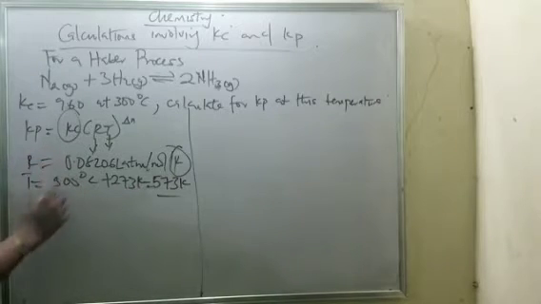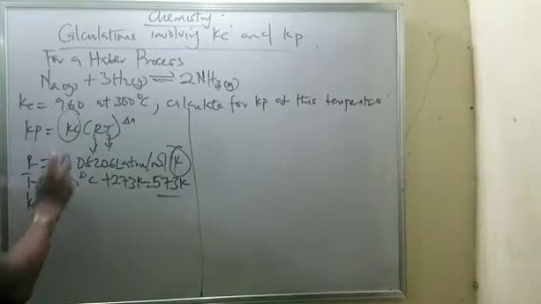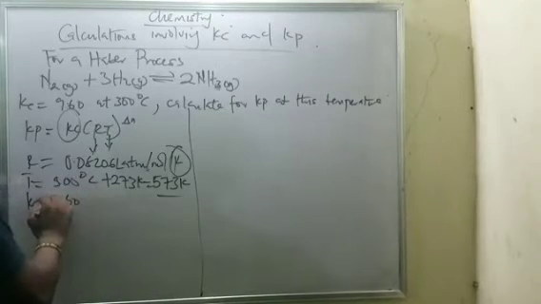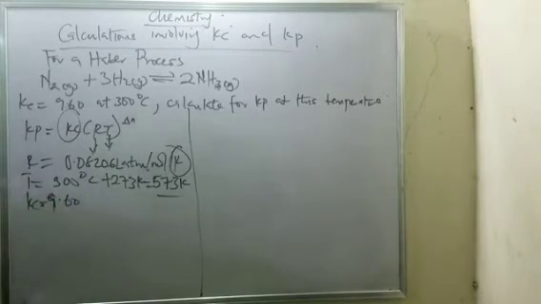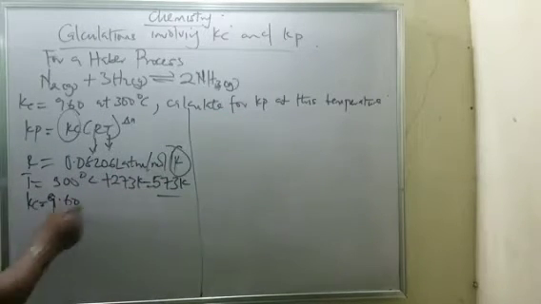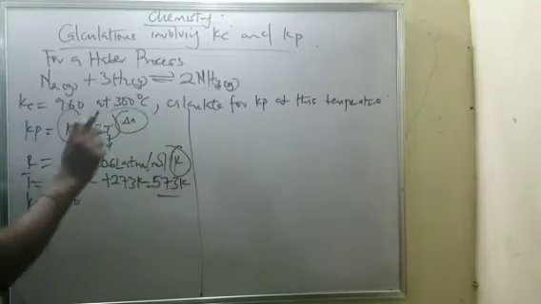So R is given, T is given, Kc is given as 9.60, and we are told to calculate Kp. But remember, delta n is here, so we need to solve for delta n.